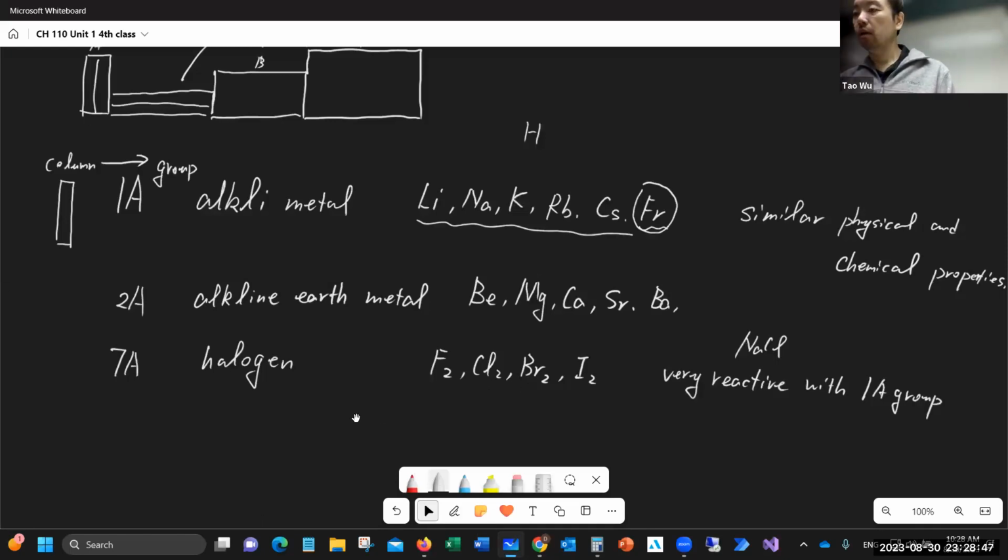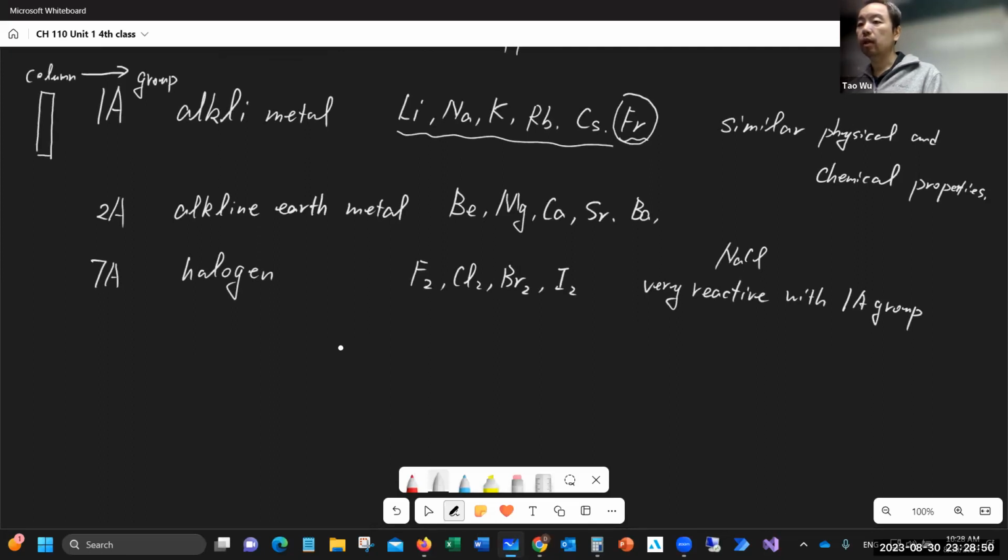Then the last one is the 8A group. The 8A group is called the noble gases. They include helium, neon, argon, krypton, xenon, and also radon.